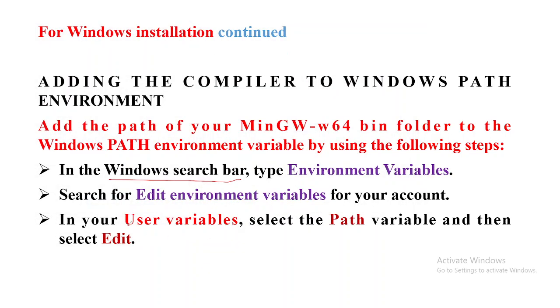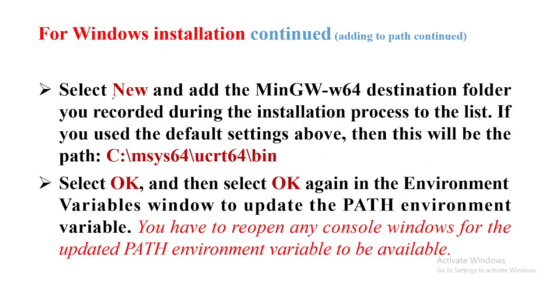You select user variables, select path, and then click on edit. Those are the things I just explained. Then when you click on edit, you click on new, and then you paste this because you left it at the default during the installation. Are you seeing where it is becoming useful now? You just click OK and OK.